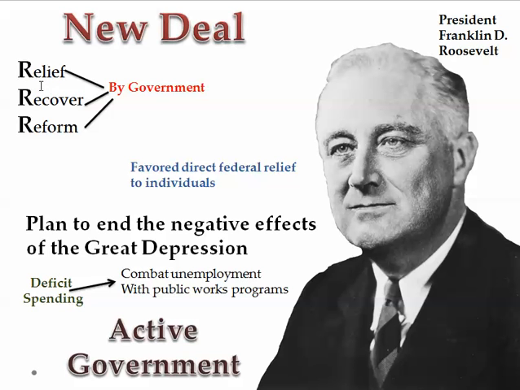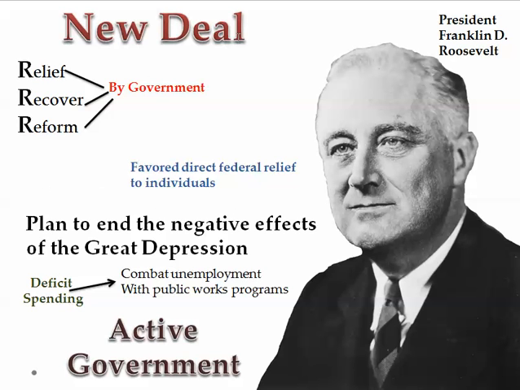So he has a program, the 3 R's: relief, give relief to the people who are suffering, recover from the Great Depression, and then reform government and business in ways to make sure that the Great Depression never happens again. And he favors direct federal relief to individuals.